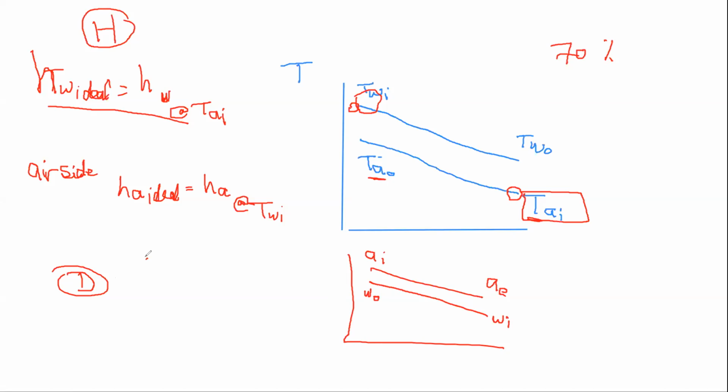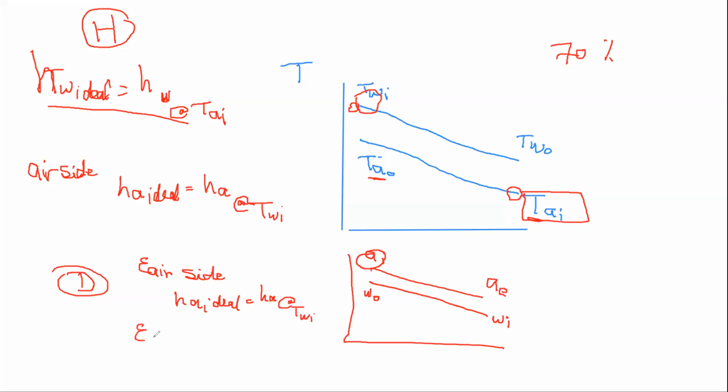If I'm talking about effectiveness for the air side, and I'm looking for delta H maximum, it should be the temperature of the inlet air, because this is the hottest, minus the lowest temperature ever. So the H air ideal is going to be H air at, since air will be cooled down, the water inlet temperature, T water in.